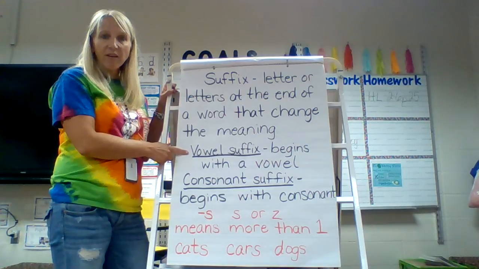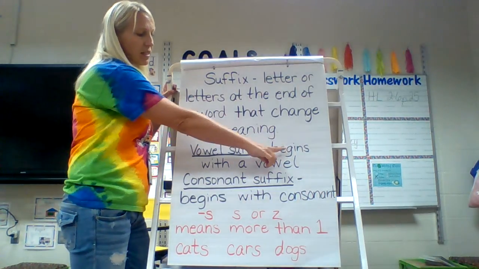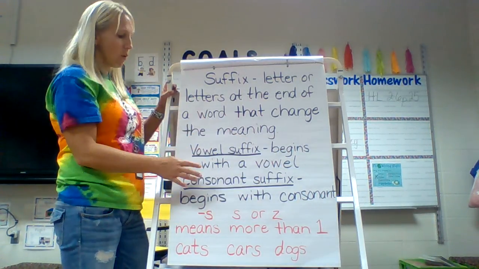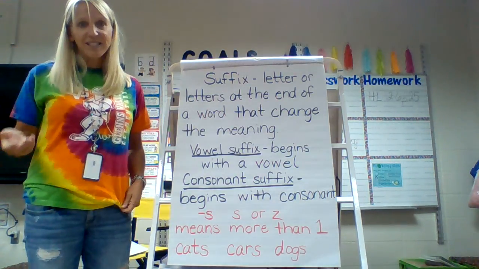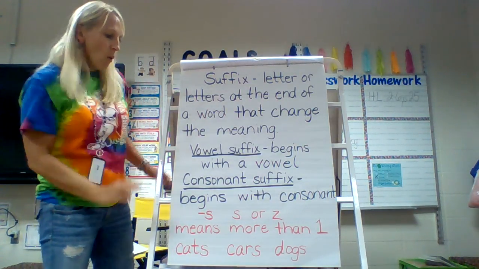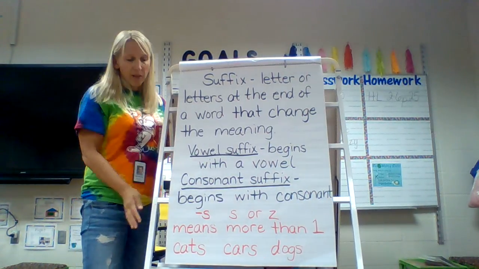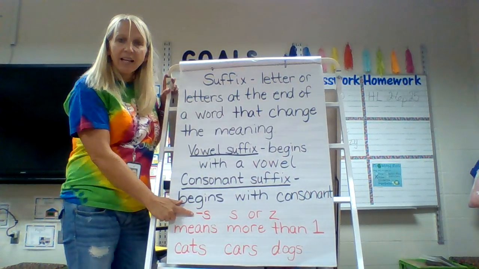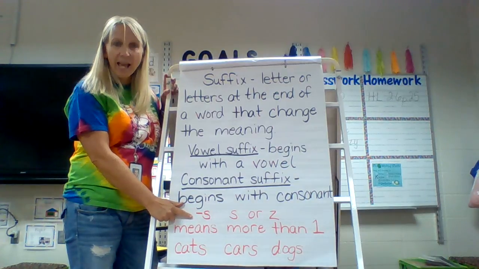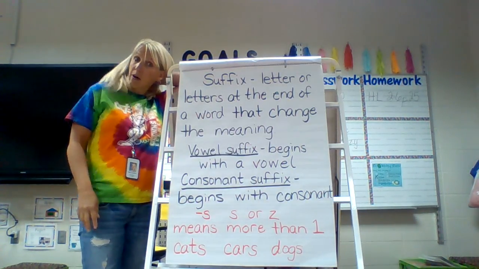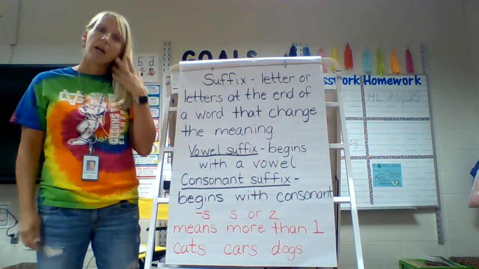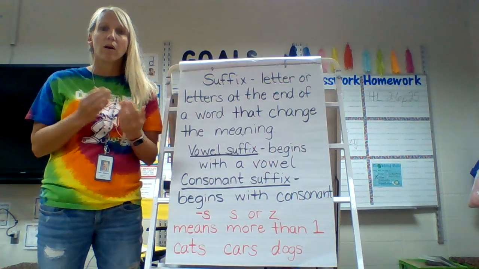We can have vowel suffixes, and vowel suffixes begin with a vowel, or we have some consonant suffixes, and those begin with a consonant. The suffix we're going to review a little bit is the suffix s. Okay, when we add s to the end of a noun, it means more than one, and it can be pronounced s or z.